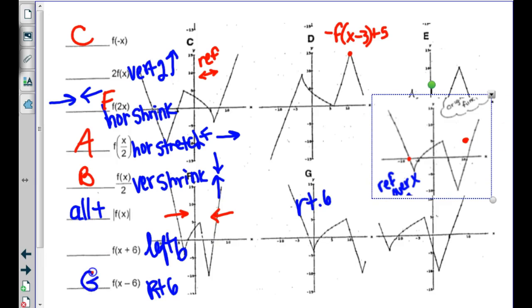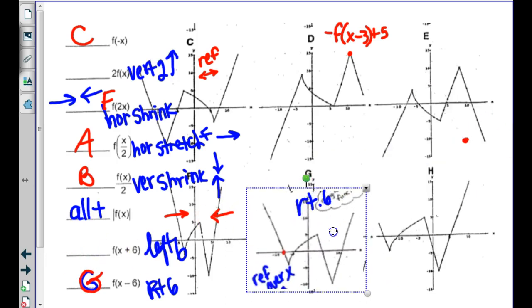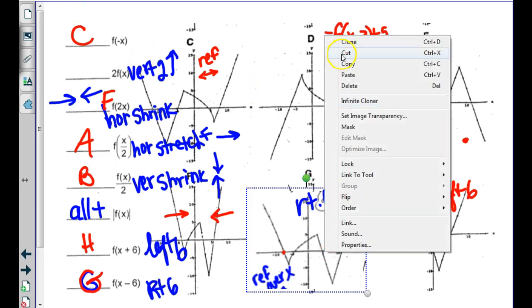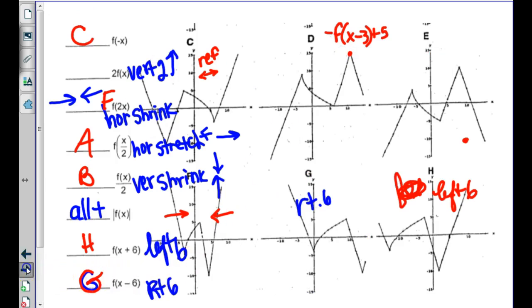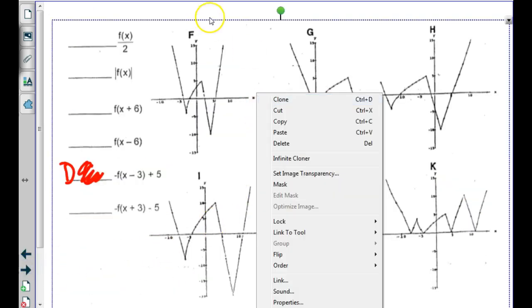Whoops, I was answering those in red. H shifted left a bunch. Let's go with 6. Oh my goodness, I can't write. All right. Bring this with me. This page.